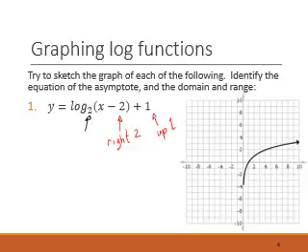So the first thing I would recommend you do is draw the asymptote. The asymptote is normally the y-axis, but because this graph is shifted right 2, now your asymptote is going to be over here. And the equation of that asymptote is x equals 2.